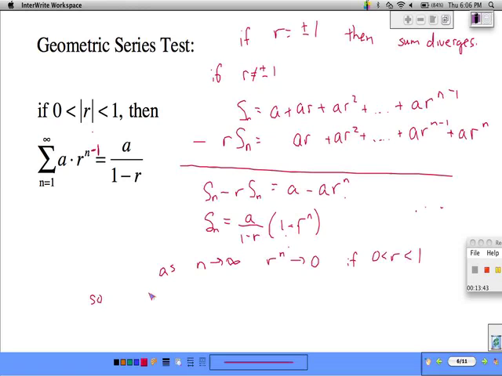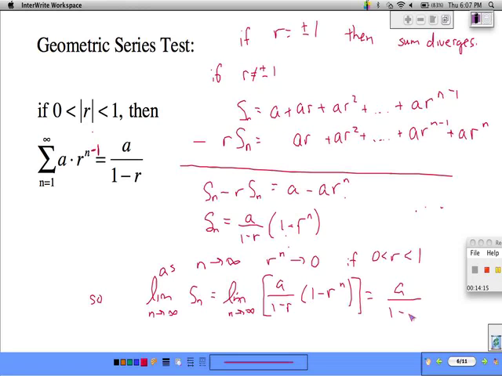So the limit as n goes to infinity of s sub n is equal to this limit of a over 1 minus r times 1 minus r to the n, which would be equal to a over 1 minus r.